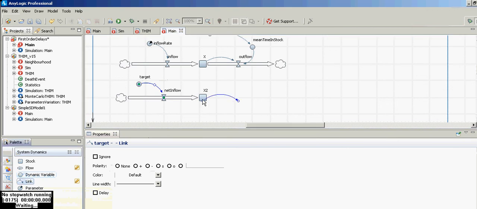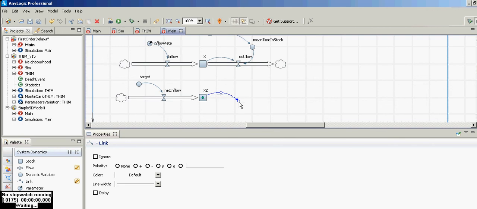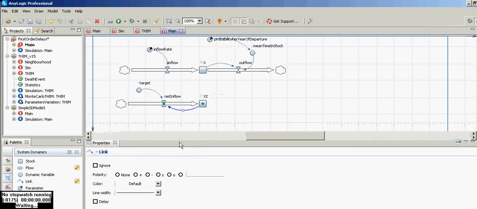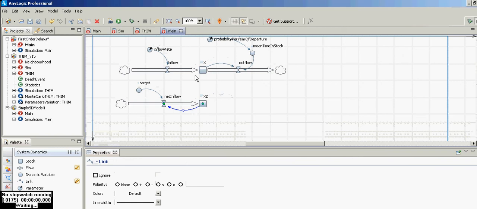I'm going to just clean this up a little bit by pulling this down. So we'll have this right nearby, and we will have this net inflow depend on this probability per year of departure. Okay, there we go. I'm going to plan the spatial layout a little better here.